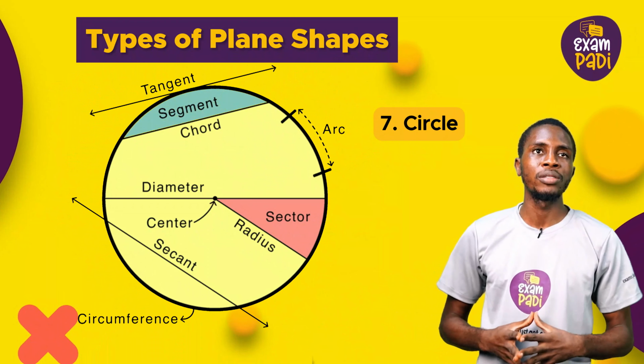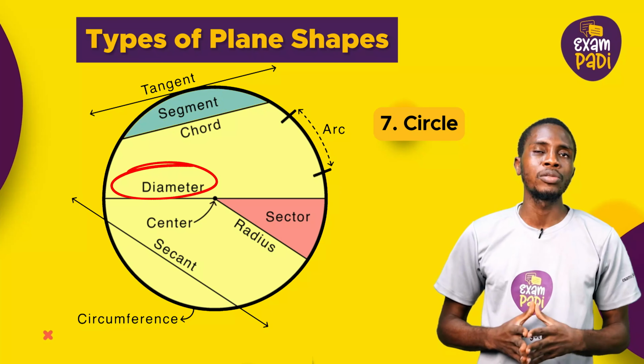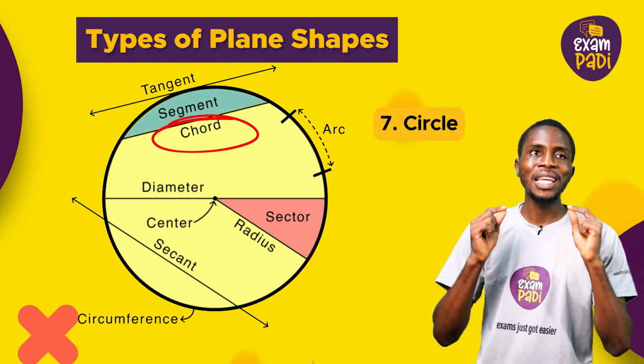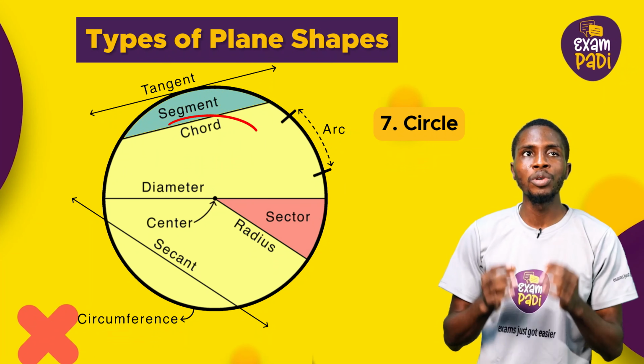The radius is a straight line that connects the center of the circle to any point on the circumference. The diameter is the straight line that bisects the circle and divides it into two semicircles. Lastly, the chord is the line that divides the circle into two segments.